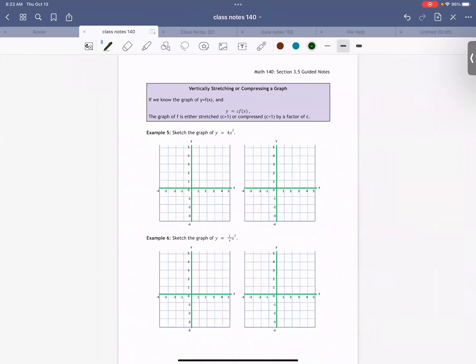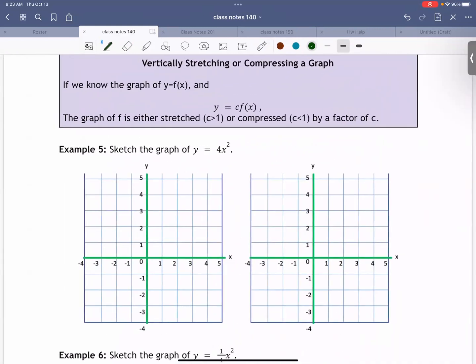The original function is going to be your x squared function because there's a square. Just drawing the points of this function, it's going to look like this. Actually, that's not very good. Let me do this. There we go.